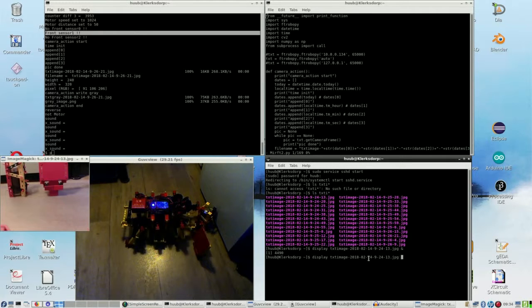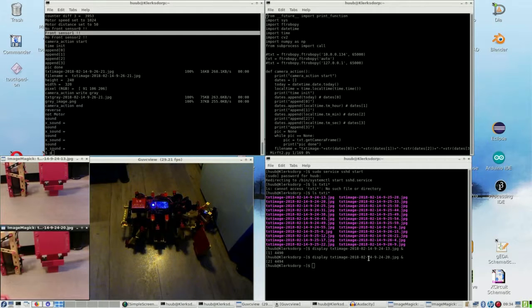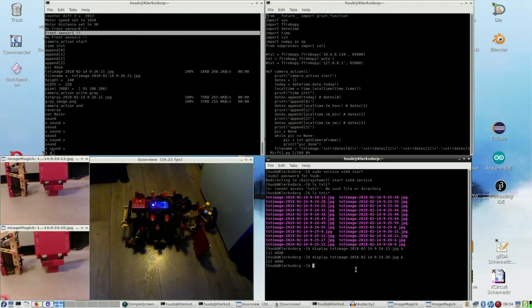Let's skip some and go to 38. See, here it already has a diversion. And where do we go to next? 25.0.